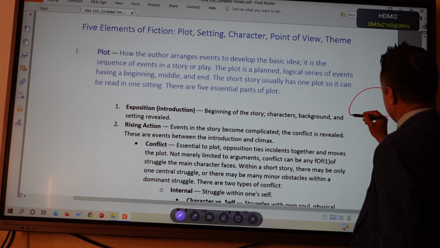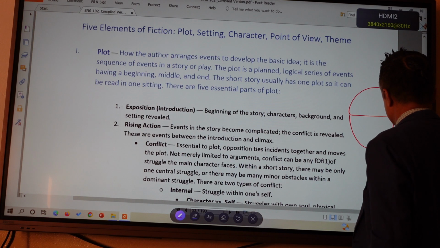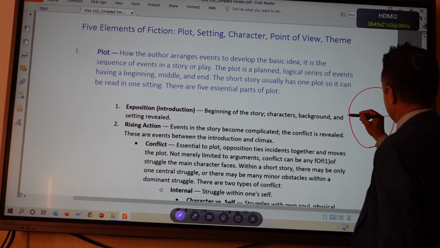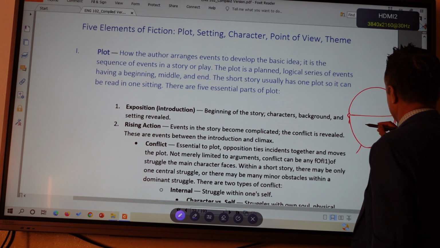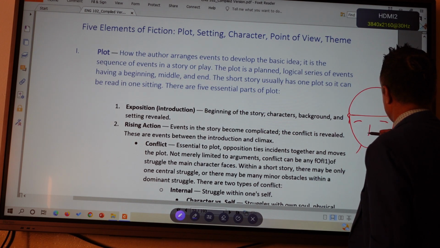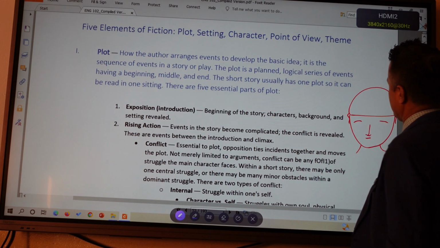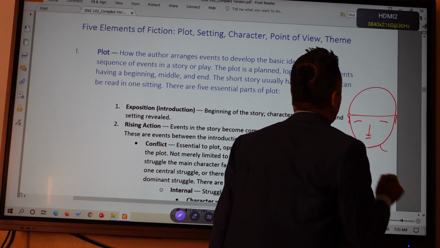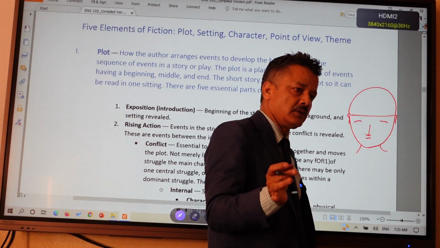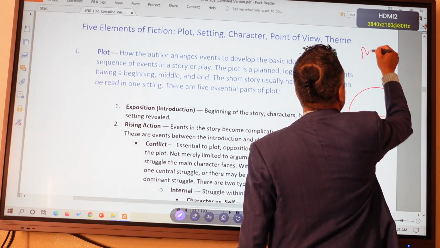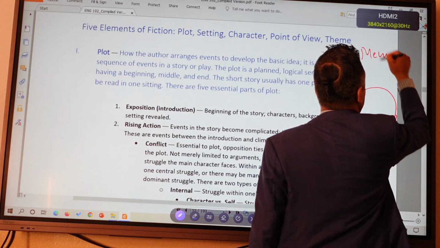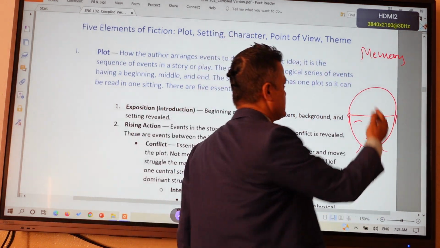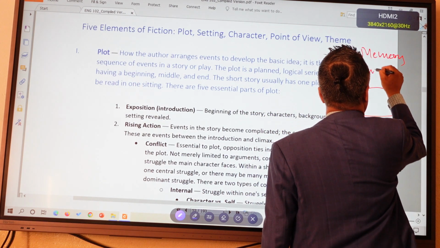This is the head, and this is the face. Okay, so I will say this is a memoir. So memoir is about memory. So memoir is remembered.